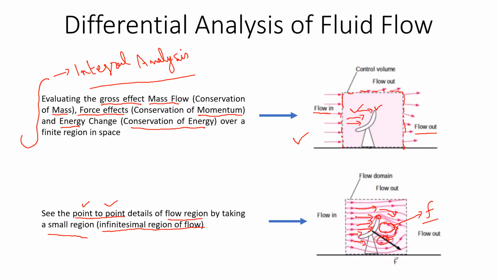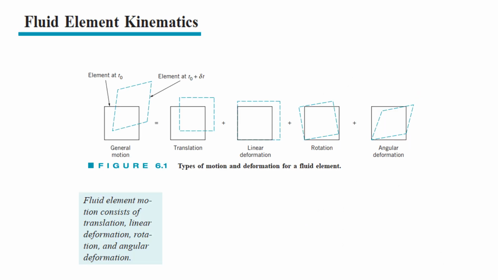So let's move forward. We are still talking about fluid kinematics, but now we are concerned about a single fluid element, and that fluid element can move, and that fluid element will also deform. So we will have to classify what this motion will be, and what the deformation due to that motion will be.